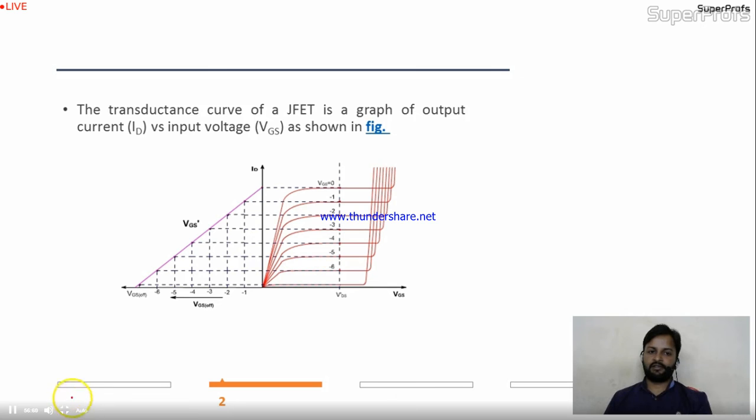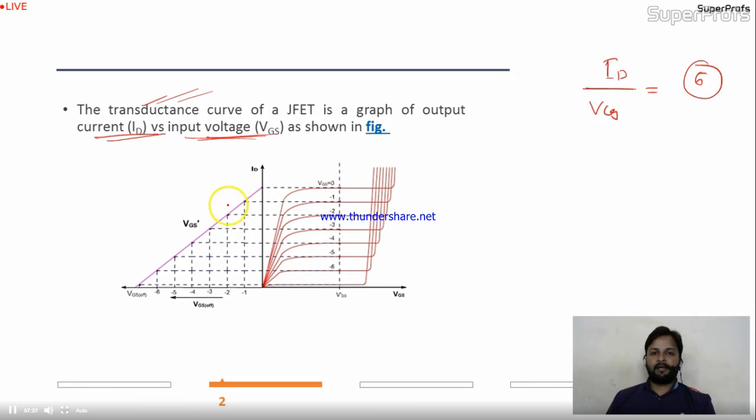Now, this is the transconductance curve of the JFET, a graph of the output current ID against the input voltage VGS. Transconductance means you are taking output current ID and input voltage.